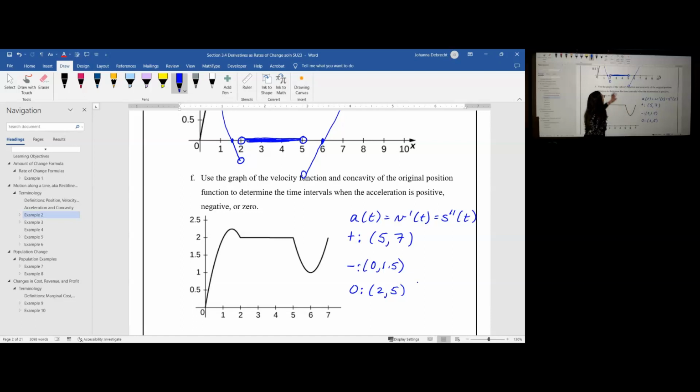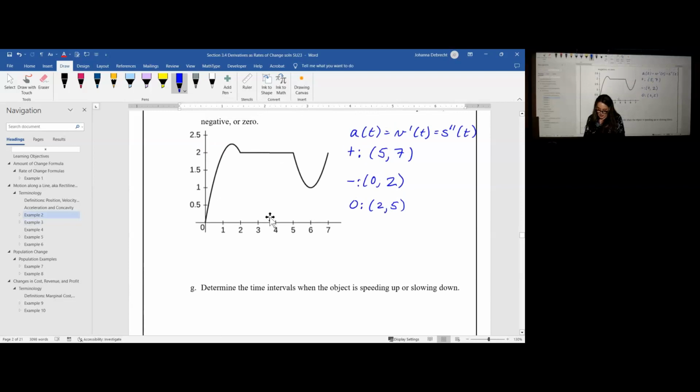I looked only at the section up to the maximum, but between the maximum and 2, it's also concave down. So you can either connect them, or you could just go ahead and write this as 0 to 2. And again, we can either include the endpoints or leave the endpoints out. Most likely, the textbook and the homework system want open parentheses.